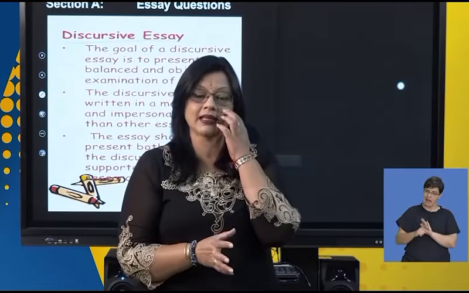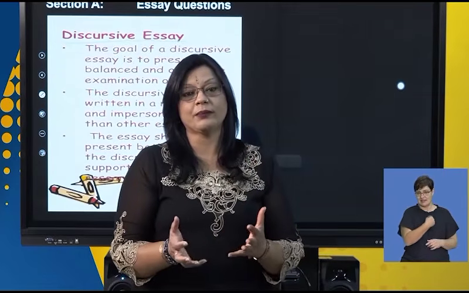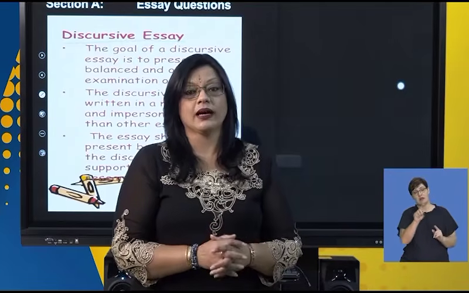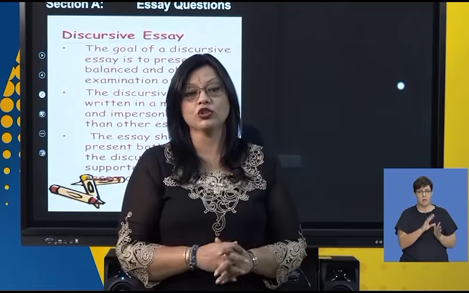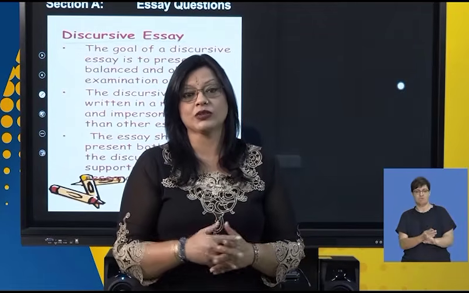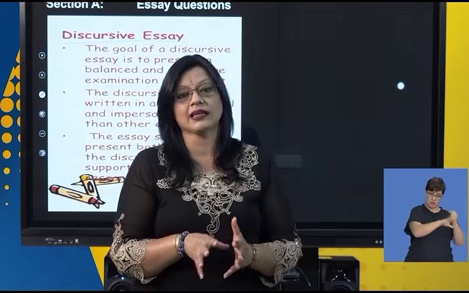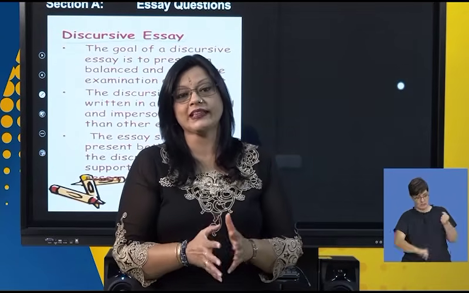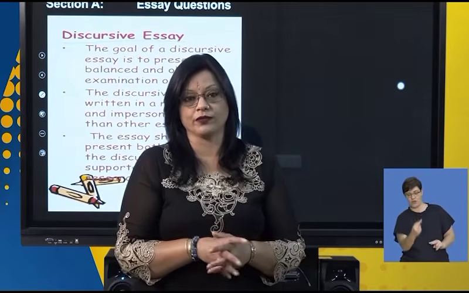So the discursive essay is actually quite a nice essay to write, where it gives you a better chance of getting your 250 to 300 words, especially if you get stuck, where you speak about the for and against the topic. So make sure when you're planning, you either start with against or for, and in your conclusion you need to take a stance and decide whether you are for or against the topic. But your essay needs to give a balanced view of the pros and the cons of the topic.